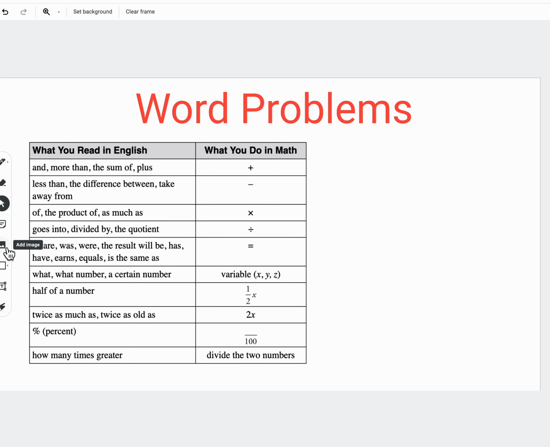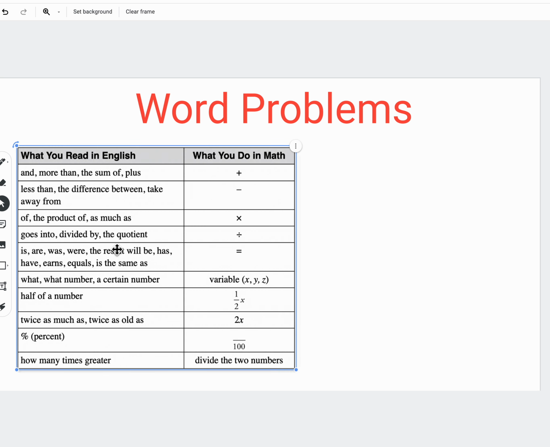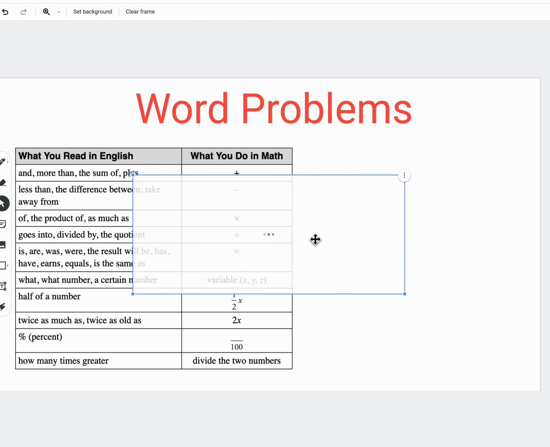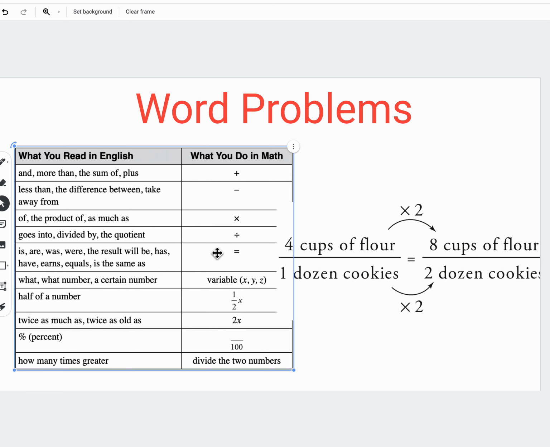Now, let's take a look at proportions within word problems. Proportions show relationships between two sets of information.